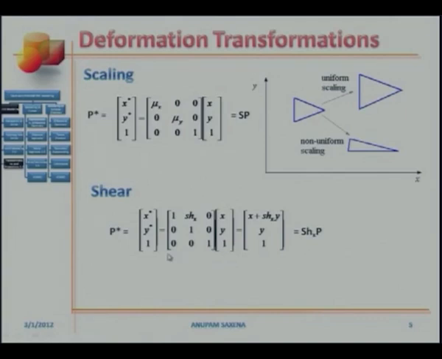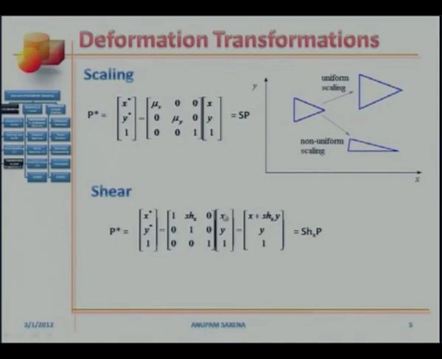Once again, shearing is happening along the x direction. This 3 by 3 matrix will have components 1, sh sub x, 0; 0, 1, 0; 0, 0, 1.